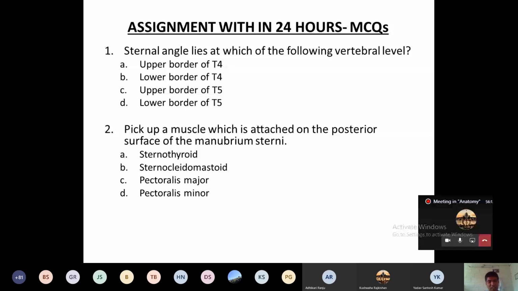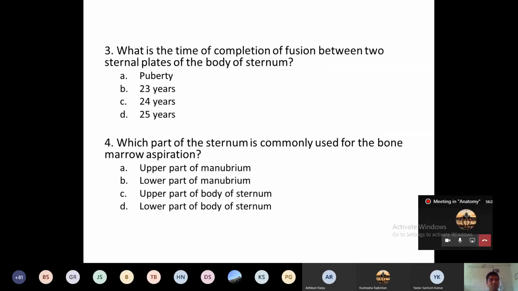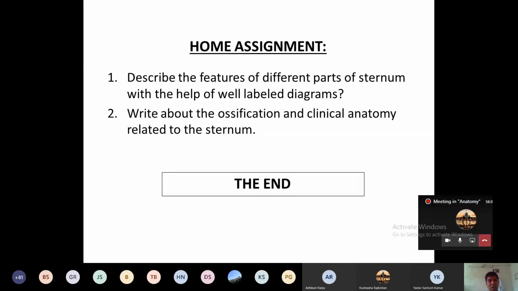Then you can write, and this is for your record. If you read all these things, the same things we may ask in the sessional examination, and the same things we may send to the university examinations. So these things you have to practice again and again. This is the home assignment. You have to do this, and now you can ask.